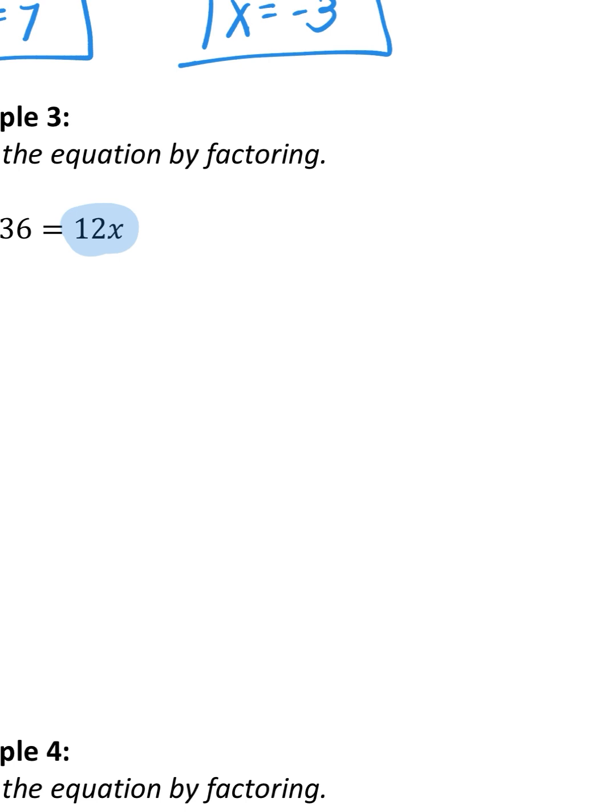How can I do that? Well, let's just subtract 12x, because it's a whole term. Now remember, we have to remember like terms, okay? Negative 12x is not the same as 36. It's not the same as x squared. I can't combine them. So I'm left with this equation equals, since these cancel out, 0 now.